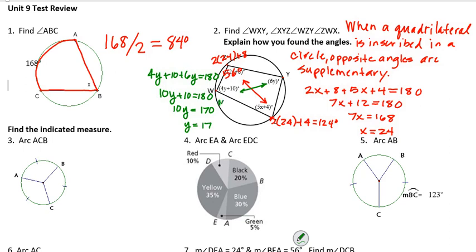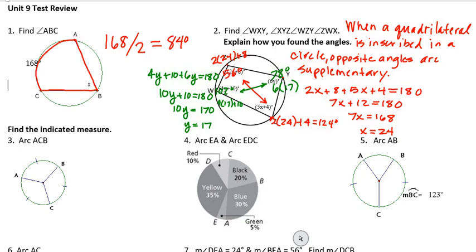So 4 times 17 plus 10, this angle here would be 102. And the other one over there on the right is 6 times 17, and that's going to be 78. And again, when I add these two angles together, the 102 and the 78, they should equal 180.